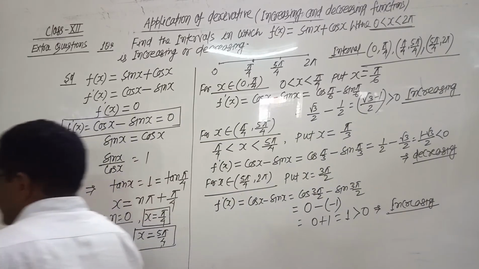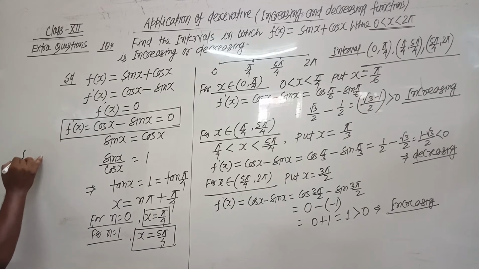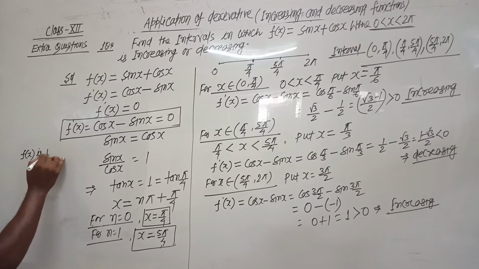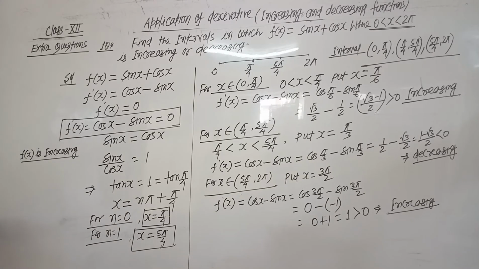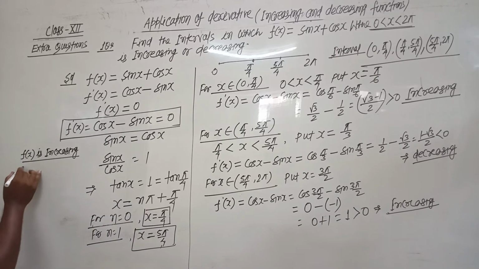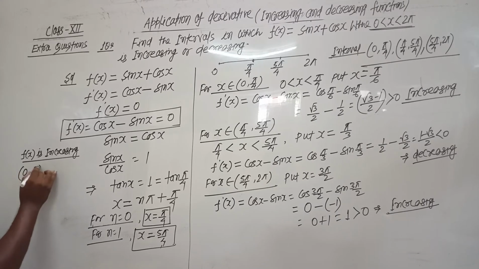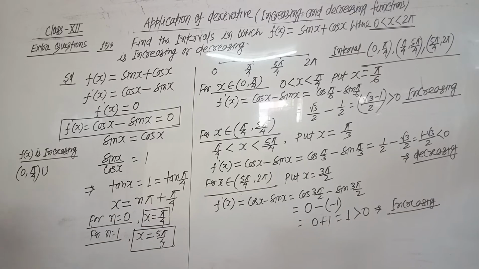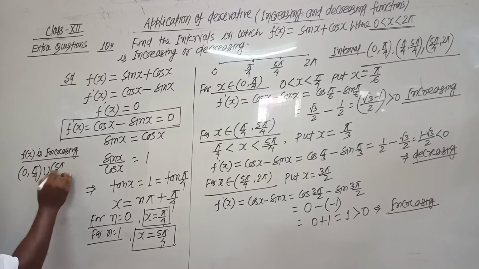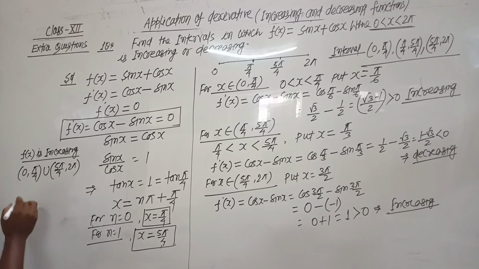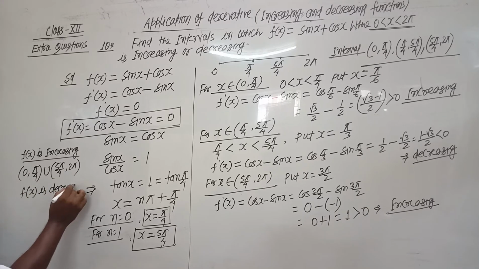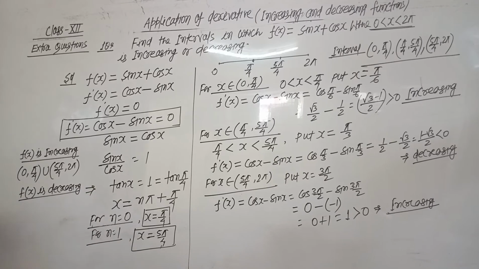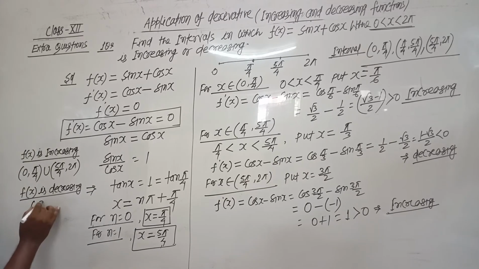So the final result, we will write that f x is increasing in the interval 0 to pi by 4 union the last interval 5 pi by 4 to 2 pi, and f x is decreasing in the interval pi by 4 to 5 pi by 4.